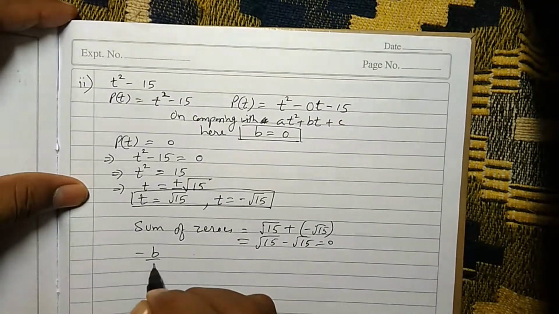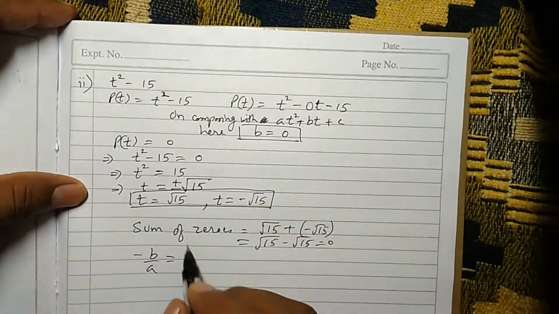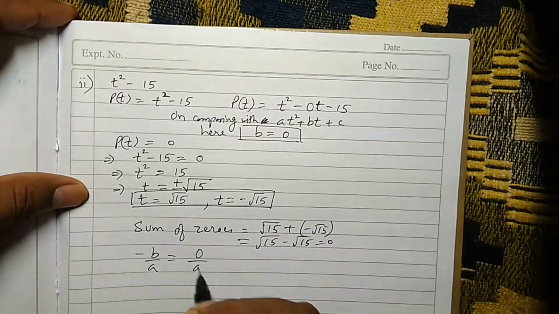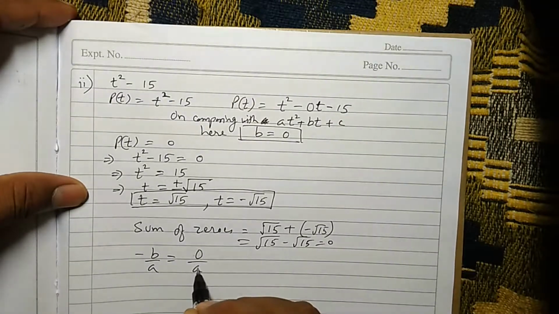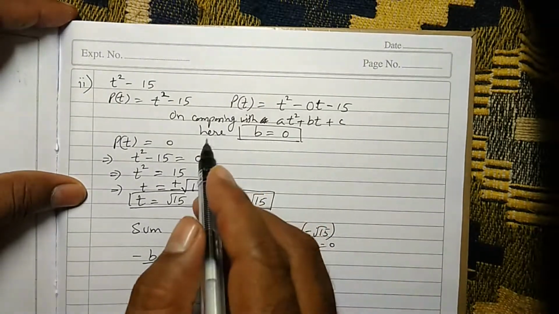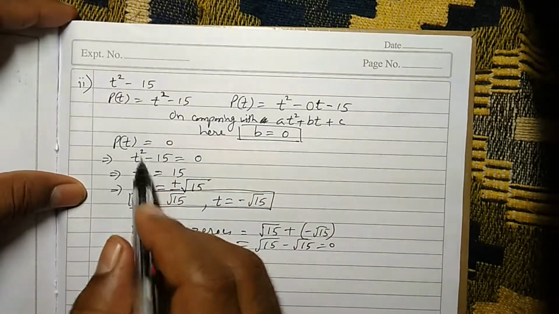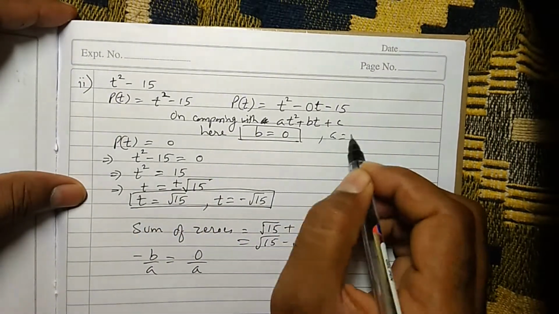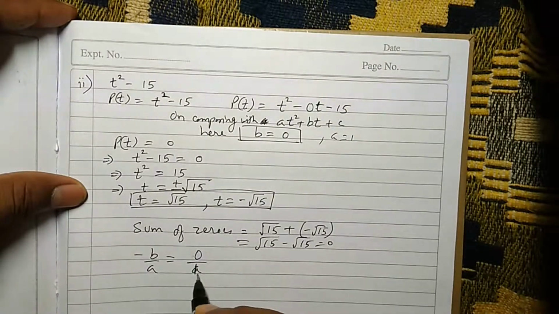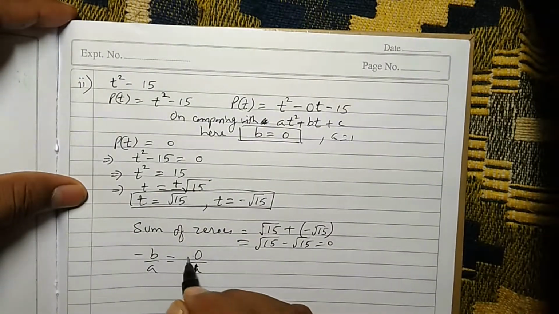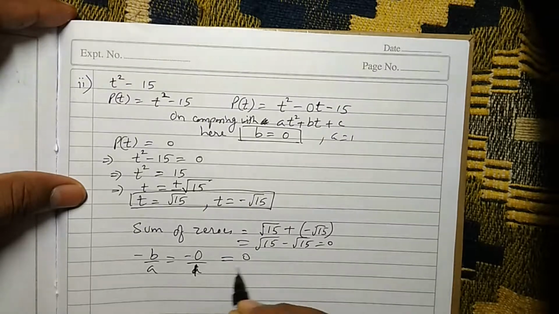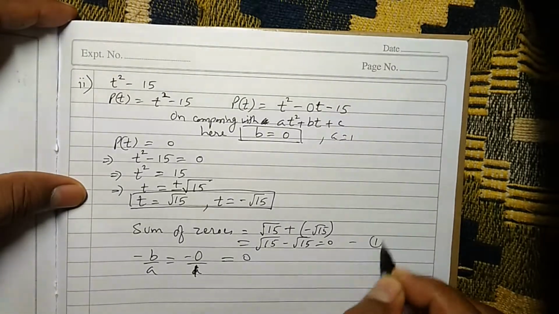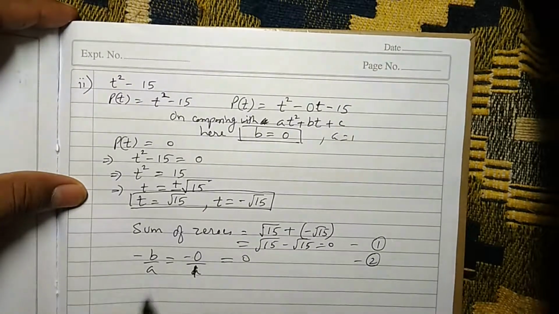Also minus b upon a will be, as b is 0, 0 upon a, and a is actually 1, so 0 upon 1 or minus 0 upon 1 equal to 0 only. So this is 1 and this is 2.